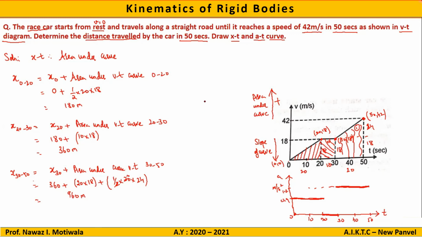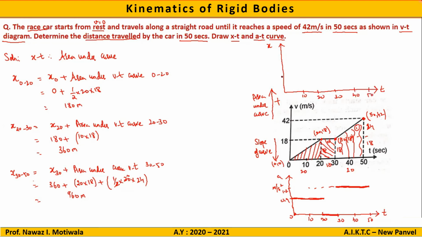Next part is to draw the xt curve. All the values are on the positive side. So this is my t, this is x, and the values on the timeline will be 20, 30, 40 and 50.